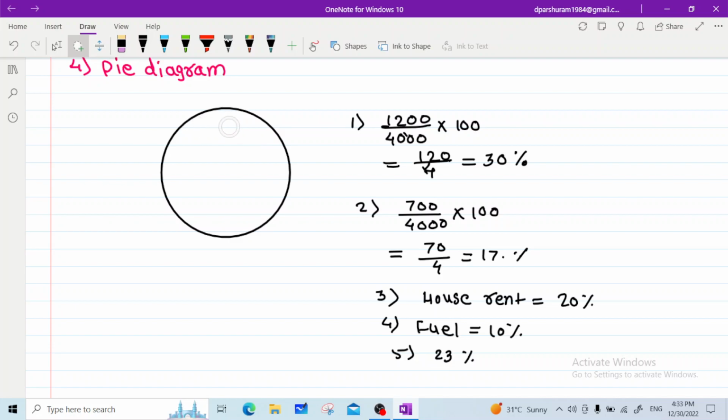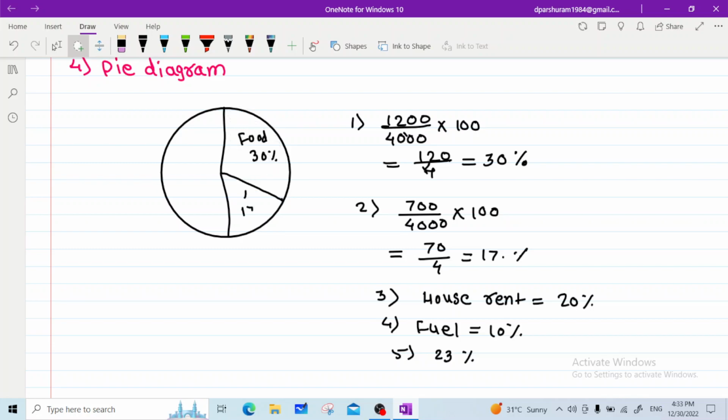Now we represent this percentage in the pie diagram. So here for food there is 30%, like this. This is our food. For clothing there is 17%. Here is the total, this is 30%.